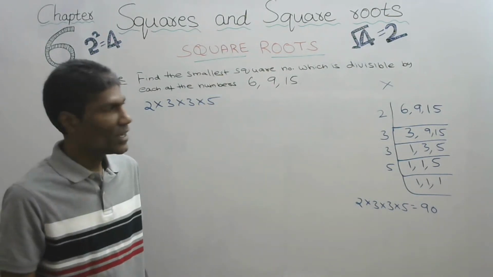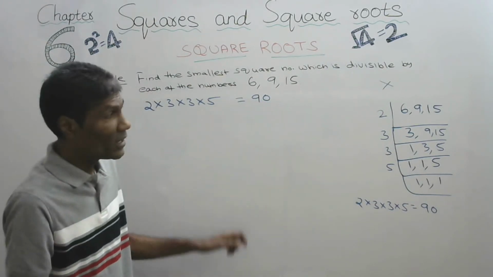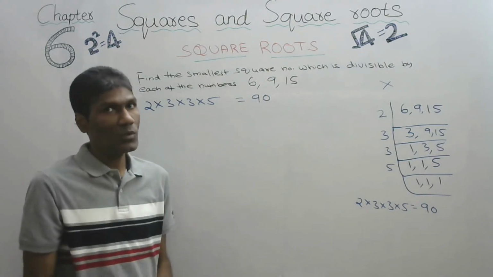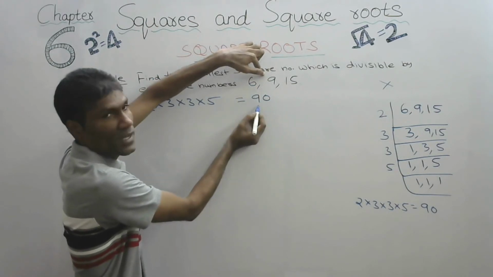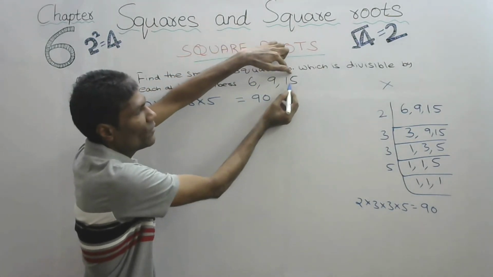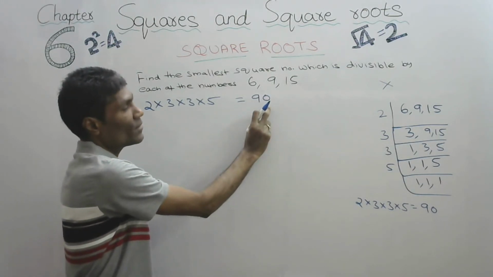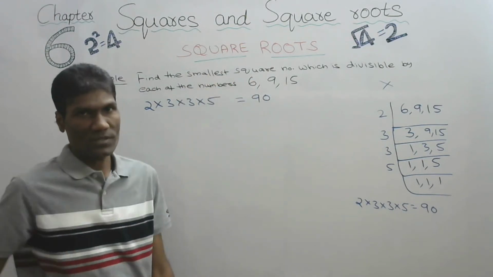So 90 is the number. 90 is the number which is divisible by all these three numbers. Up to that it is okay. So 6 15s are, 9 10s are, 15 6s are 90. So this 90 is divisible by all these three numbers.